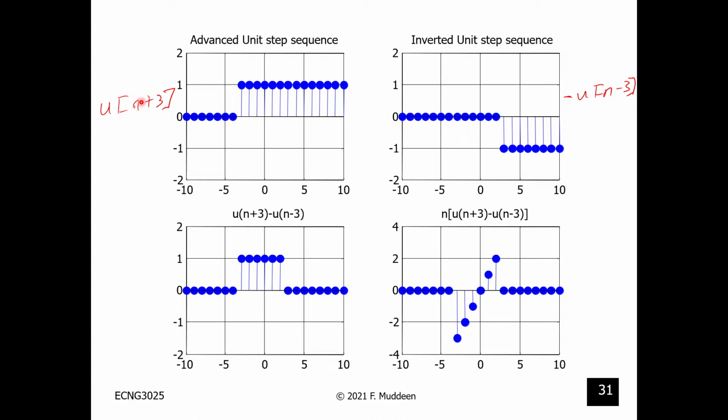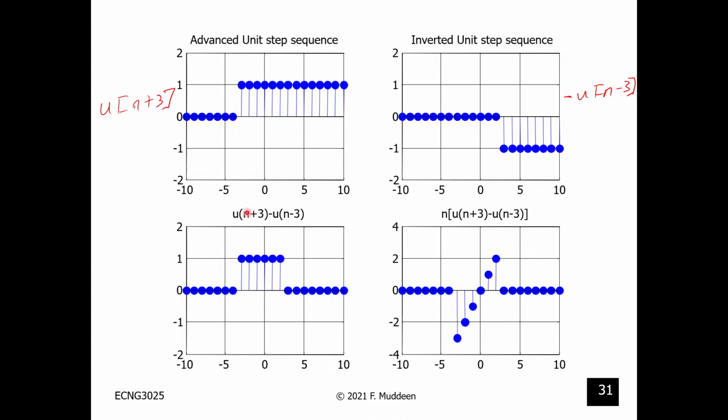If we take a difference between these two signals here, in this case it'll just be that we add the two signals because of this minus here. What happens is that we take the magnitudes of each n index and subtract them accordingly. So for minus 4 and minus 4, that's going to be 0 minus 0, so we get 0.